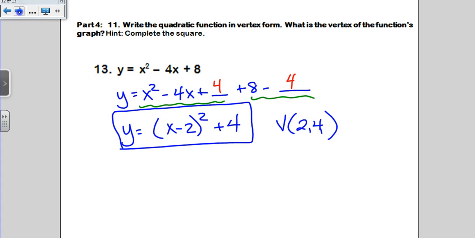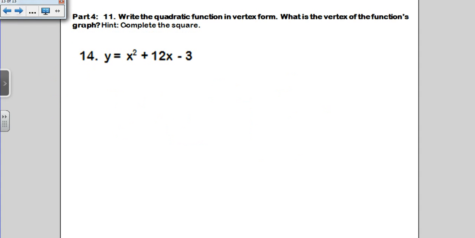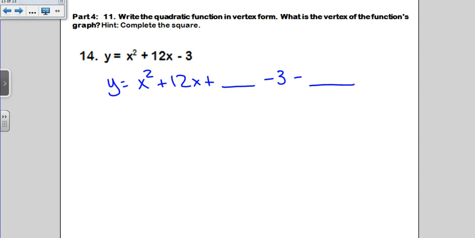And then for our last problem, more of the same. So we're going to push the negative 3 off to the side, and we're going to leave blanks for our c value. We're going to add the c value, and then later on we're going to subtract the c value. So half of 12 is 6, and when I square that I get a 36.